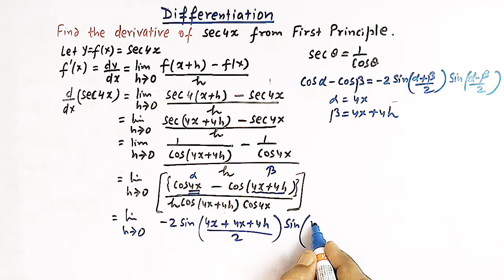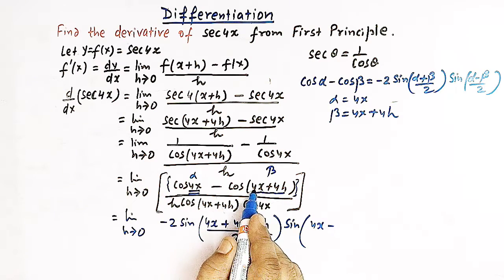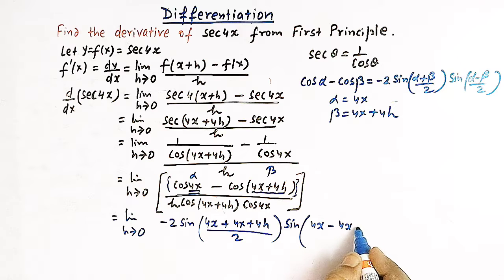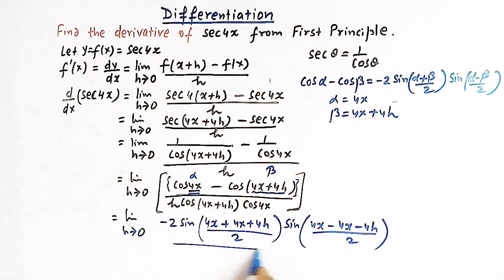So alpha is 4x minus beta, that is 4x minus 4x plus 4h, over 2, and in the denominator we have h, cosine 4x plus 4h, and cosine 4x.